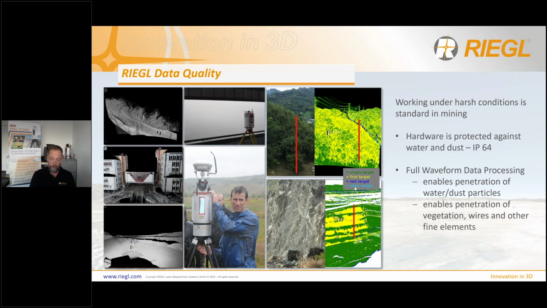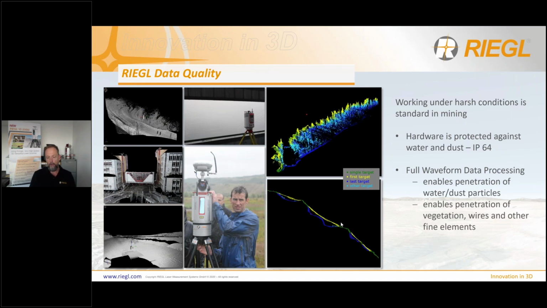As I already mentioned, we can get up to 15 targets on a single laser shot. And if we show this slice of data from the side, we see the strong penetration on top of the trees, the first targets, then in between the trees, the other targets, and a strong penetration down to the ground.